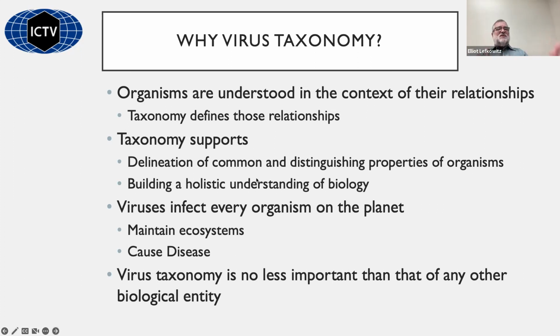And by doing this, we can begin to build a much more holistic understanding of the biology of all organisms, being able to better understand more closely related organisms to some reference organism, and using that to infer, again, the properties of other organisms that we're just beginning to study.